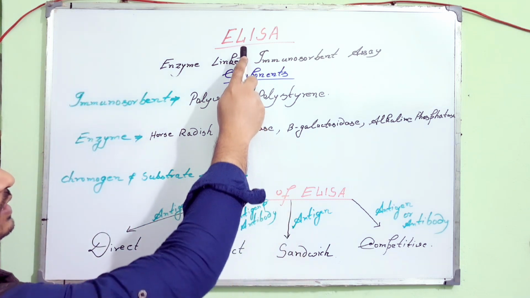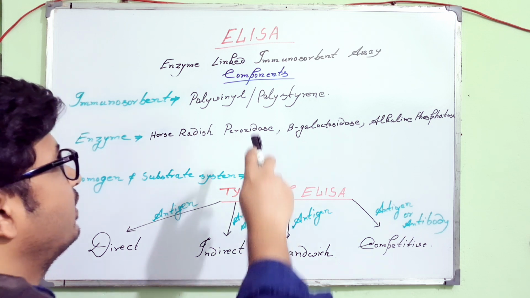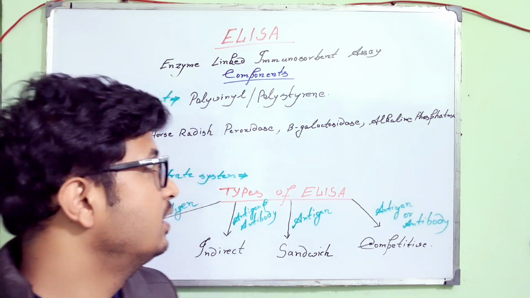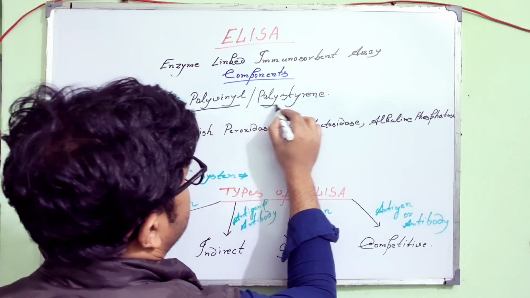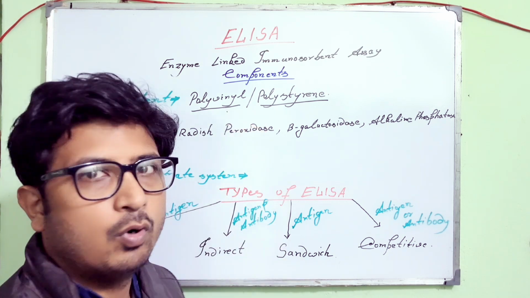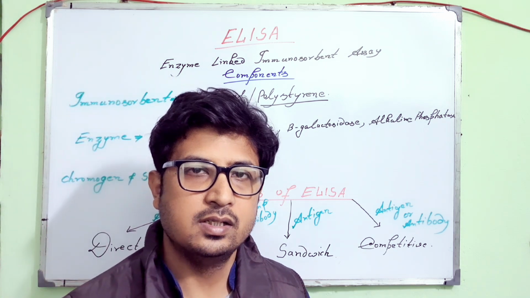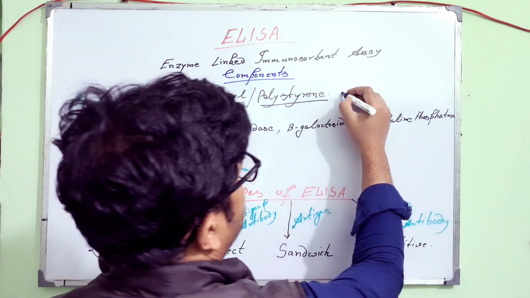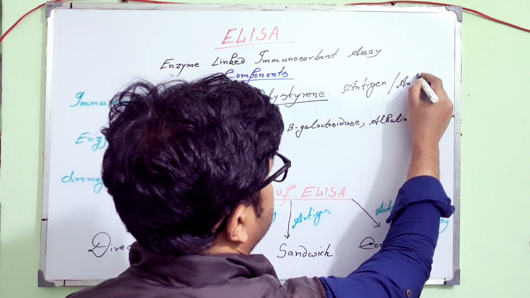Now, the ELISA consists of a few components. What are the components? First, the word immunosorbent, let me clarify. Suppose the microtiter wells which are used for ELISA are made up of polyvinyl or polystyrene components, which are basically designed to absorb the immunosorbents, which are antigen or antibody.